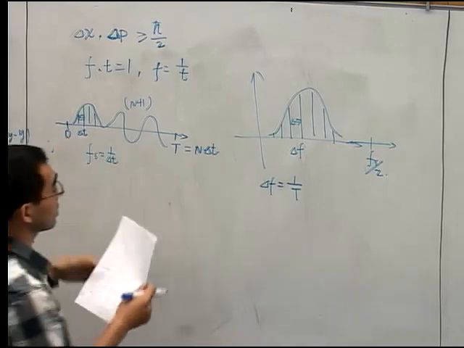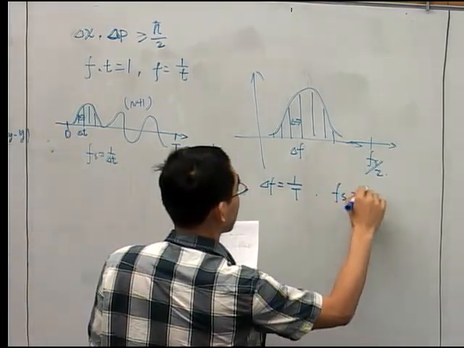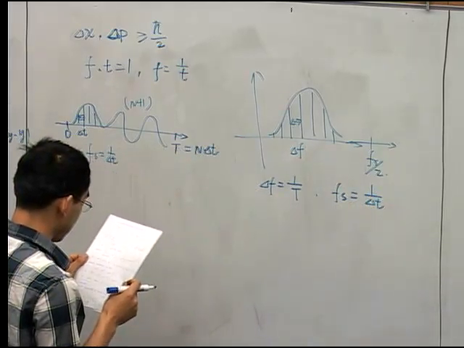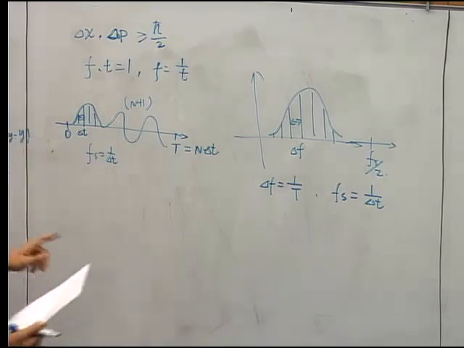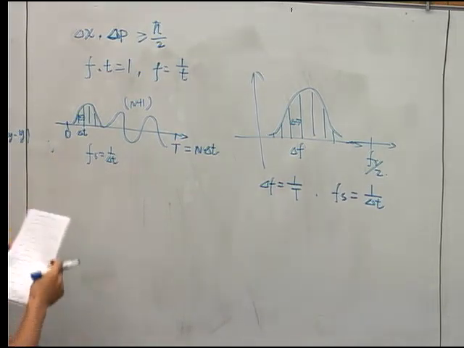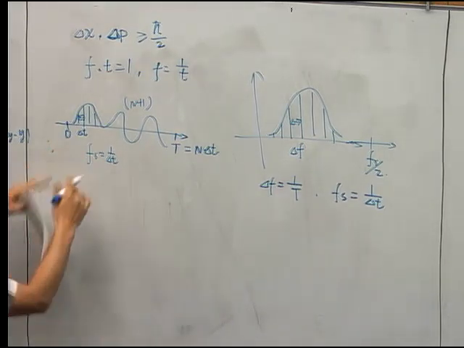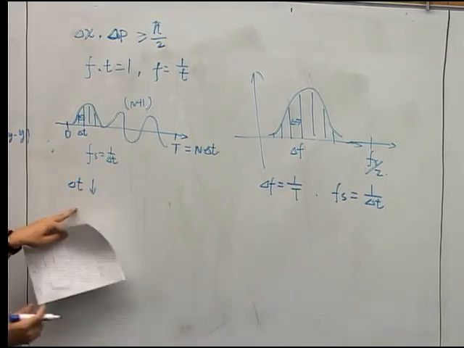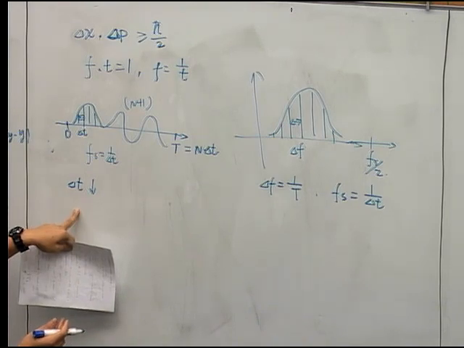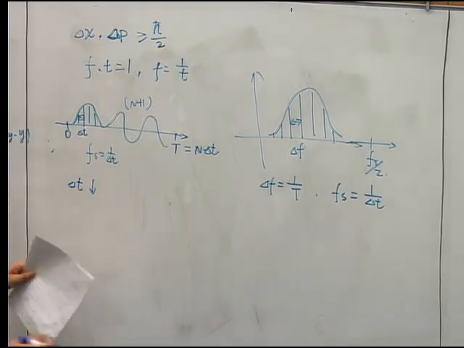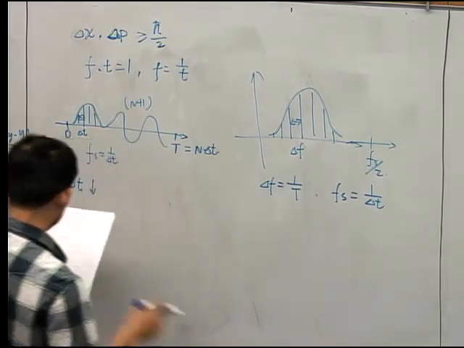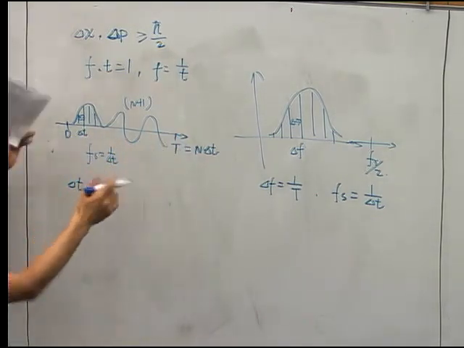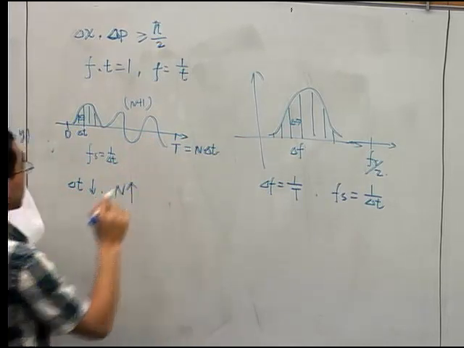And I know delta t, and I know fs equals 1 over delta t. So these are already fixed. Now I want a high resolution here, so I decrease the delta t. But the number of samples can be more, right? Let's say total time doesn't change. So the number of points increases.